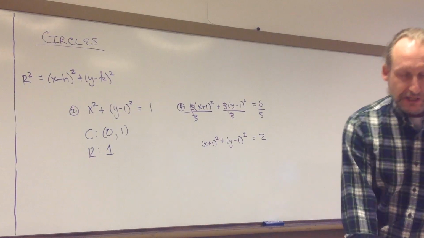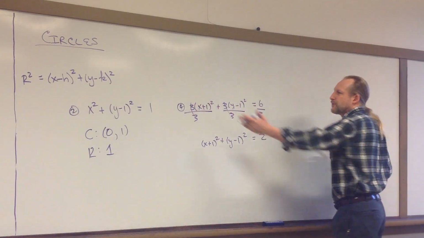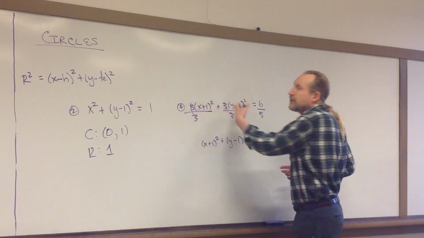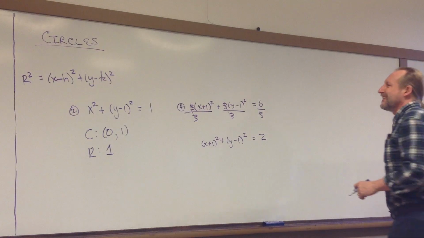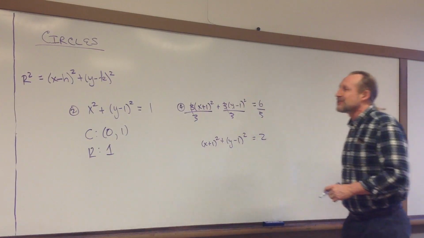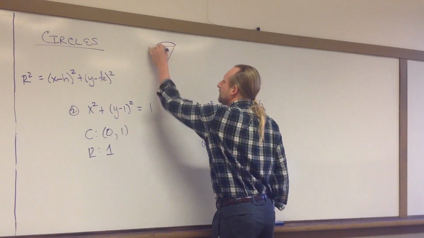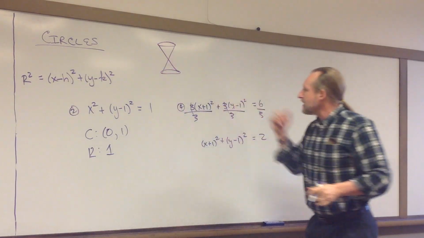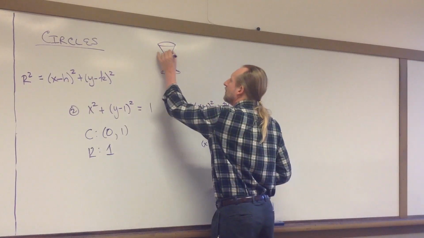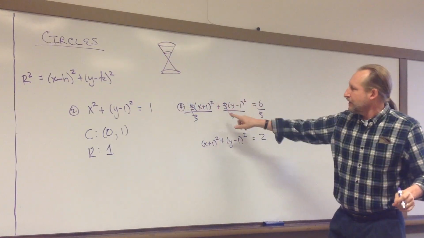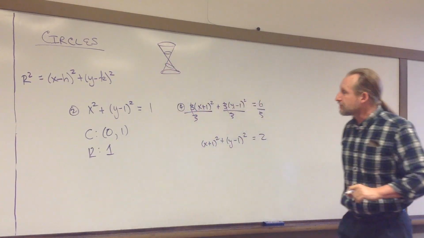Now you might be thinking to yourself, well, what if these numbers aren't the same? What if it wasn't 3 and 3? What if it was like 3 and 4 or something? What would happen then? Then it's not a circle, okay? That's actually one of the interesting things about these conic sections: if these are the same number, then you've got a circle. If they're different numbers and this is still a plus between them, then it'll make an ellipse.